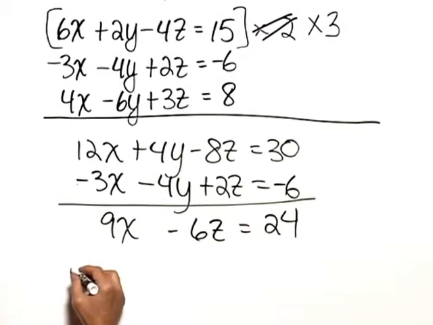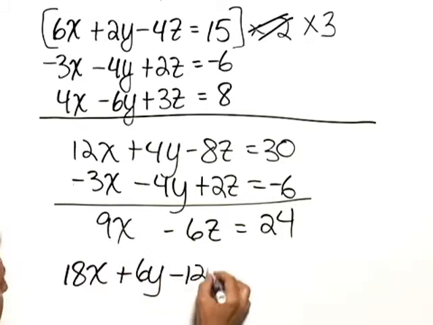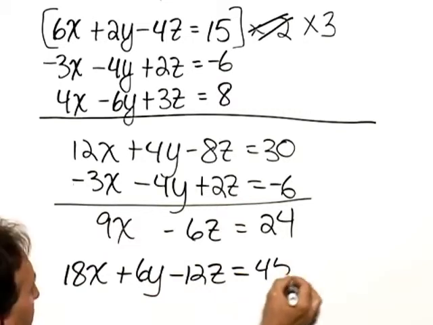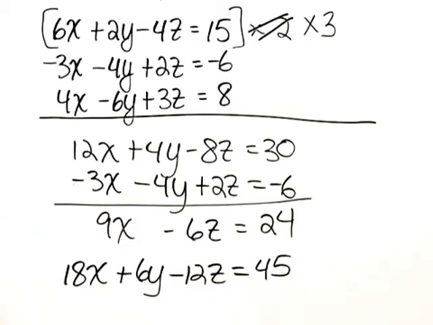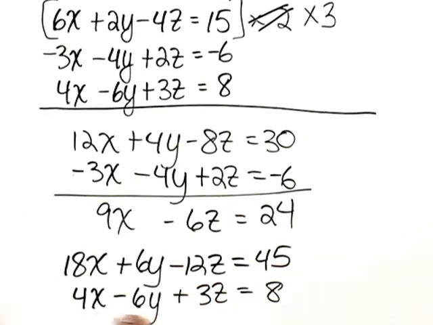That would be 3 times 6x, 18x. 3 times 2y, 6y. 3 times negative 4z, negative 12z. 15 times 3, 45. Then I write down the third equation as is, 4x minus 6y plus 3z equals 8.